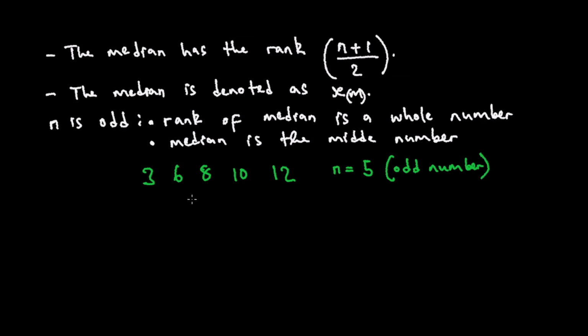So if you want to find the median, we want the number in the middle. You can see that 8 is the number in the middle, because this is already arranged in ascending order. So you must first arrange the data. So you see that 8 is the number in the middle.